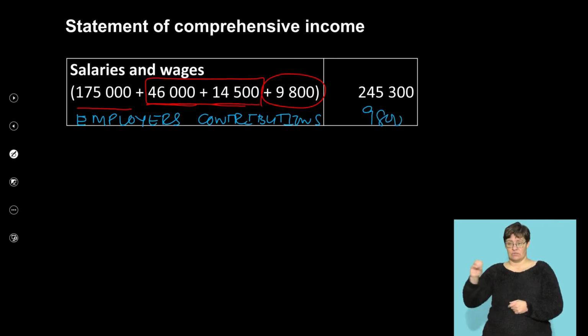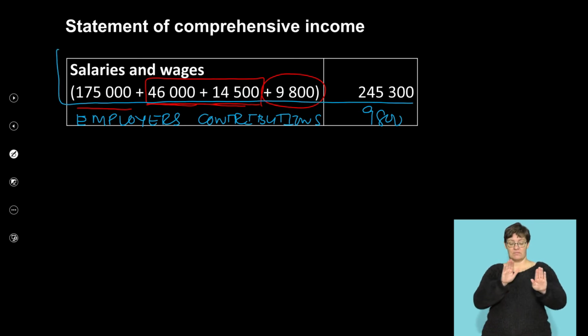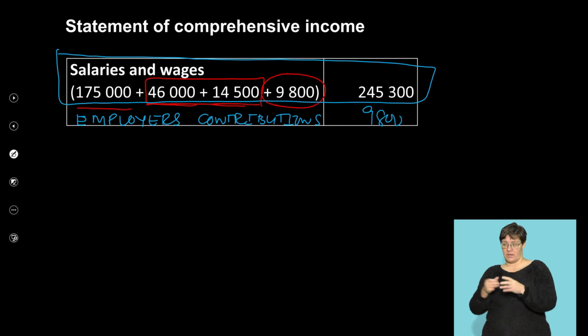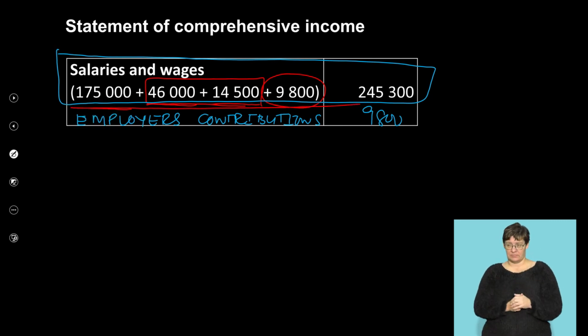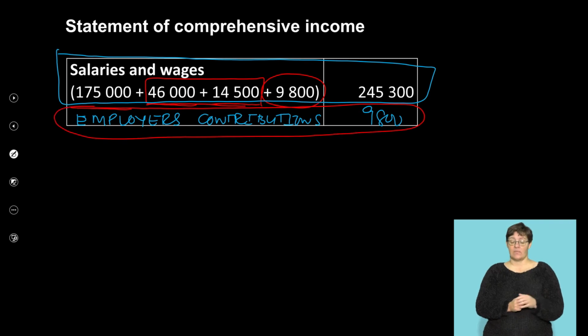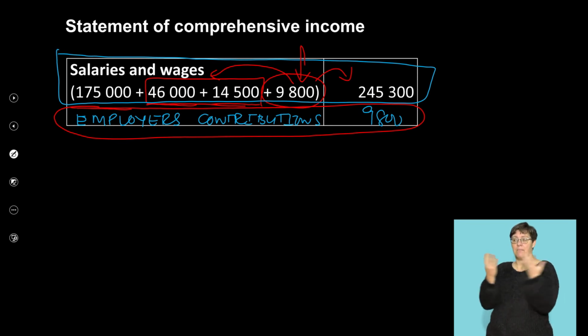Okay, now remember, these are two separate scenarios, and I'm going to explain them both to you as we go along. The first one is the one that the question asked for, where the employer's contribution was part of my salaries and wages. As you can see, there's the 9,800 included in salaries and wages, therefore giving you a figure of 245,300.